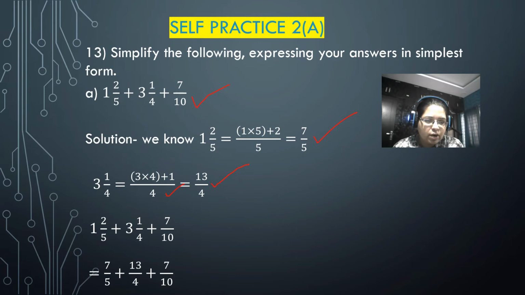So we get 3 1/4 equal to 13/4, and 1 2/5 equal to 7/5. These are the improper fractions.